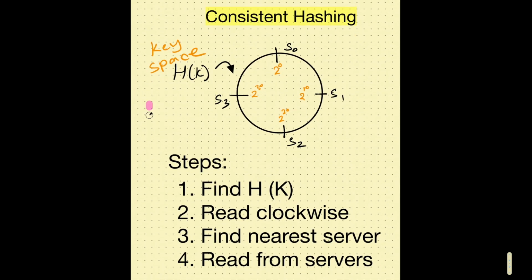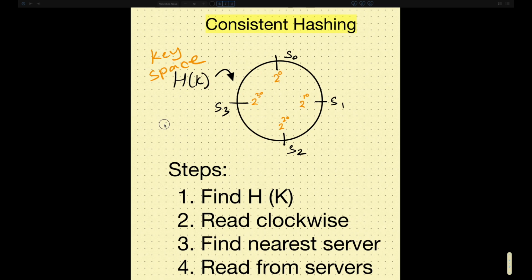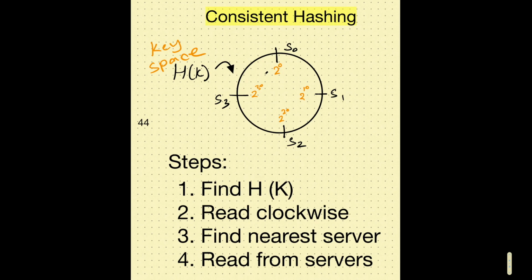Let's say we have user 44, which is our input. For that input, we're going to find hk. So we put it through our hashing function, and let's say once we put it in the hashing function, we get this point over here, whatever number is here in the ring.